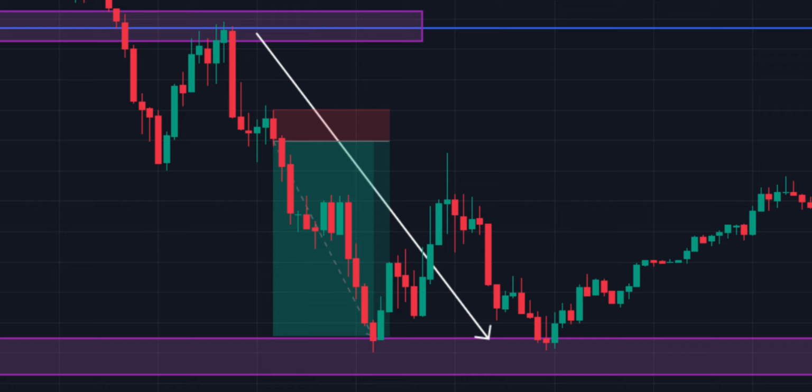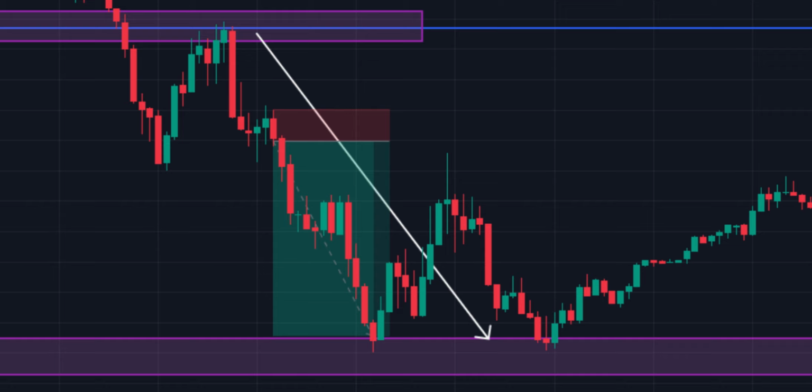Why? Because price is retracing from the daily time frame, and you saw the 4-hour time frame was in a downtrend and the hourly time frame was in a downtrend, which means the bias is very strong, and we're going to expect the market to keep pushing lower up to this next level.